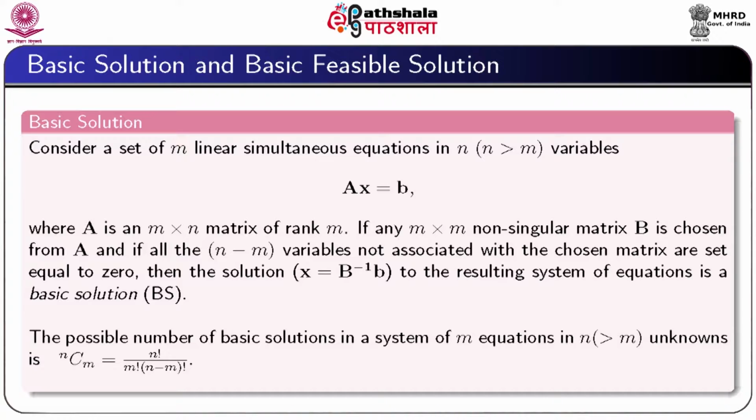The possible number of basic solutions in a system of m equations in n unknowns, where n is greater than m, is nCm, that is factorial n divided by factorial m times factorial n minus m.